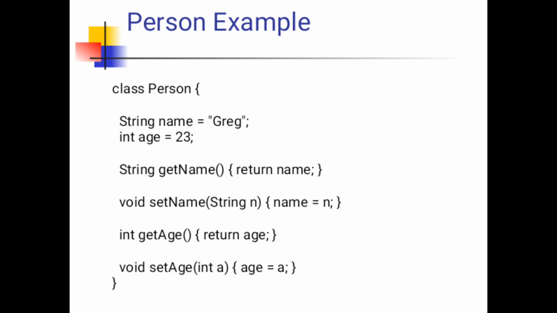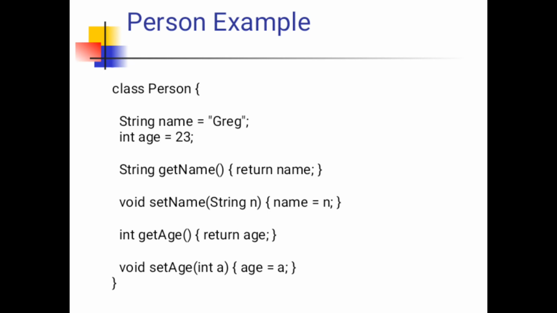Suppose you want to get the name of that person and their age. We then declare a method, getName, of the data type String, which is going to return the state, which is the name. Then we come to another method, void setName, where we pass a String parameter n as an argument, and then we assign n to the name.